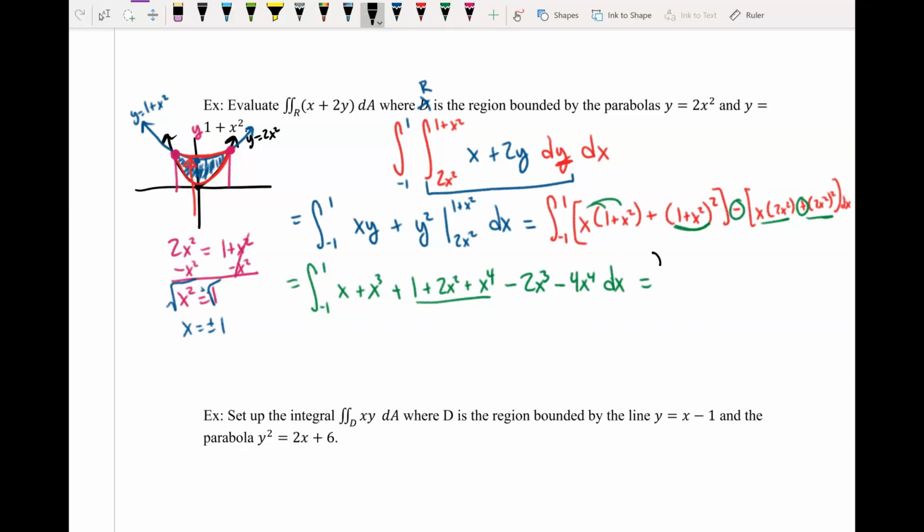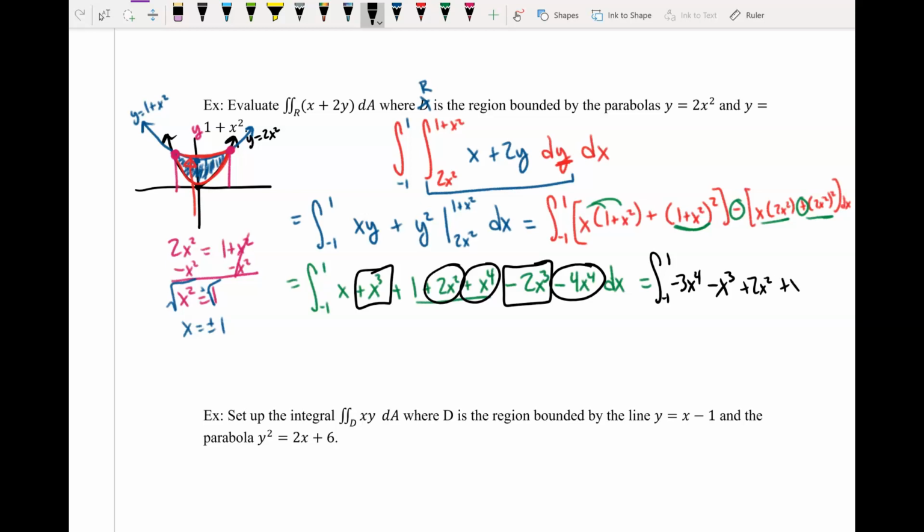Alright, so what is this going to give me when I try to make everything nice? So I have, let's see, this guy and this guy give me -3x to the 4th. Then this guy and this guy give me -x cubed. You have a lonely 2x squared.